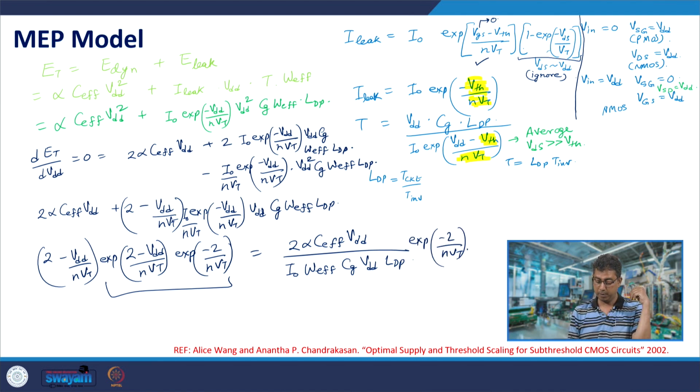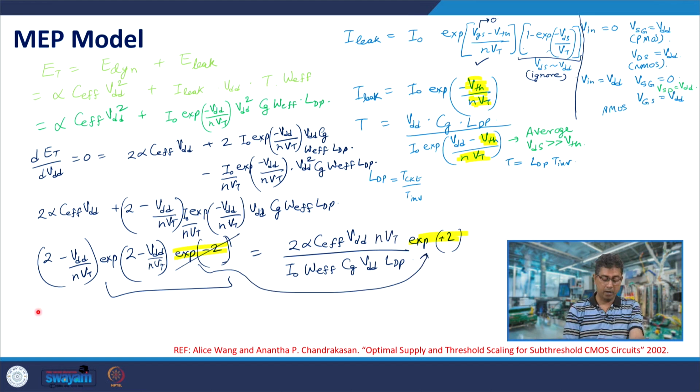So, we have multiplied both the sides by this exponential minus 2 by NVT. Rearranging the terms in this expression, we would write it in terms of 2 minus VDD by NVT. Likewise, the exponent is this, but we introduce a 2 here. So, that is why we get an exponent of 2 here.